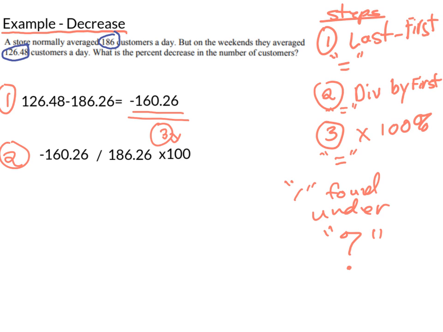So we have our negative 160.26 in the calculator. We divide by 186 right away, and then we times it by 100. And then that will give us this answer, which is negative 86.161.